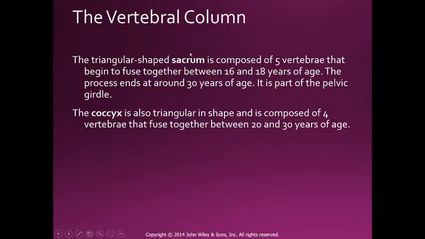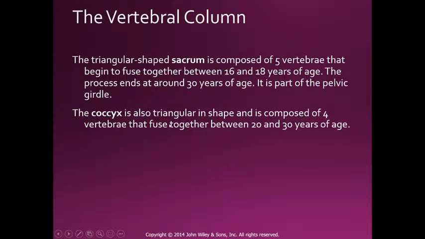It's composed of 5 vertebrae. They finish fusing together between the ages of 16 and 18, and it's fully fused by 30 years of age. And the sacrum forms the pelvic girdle.